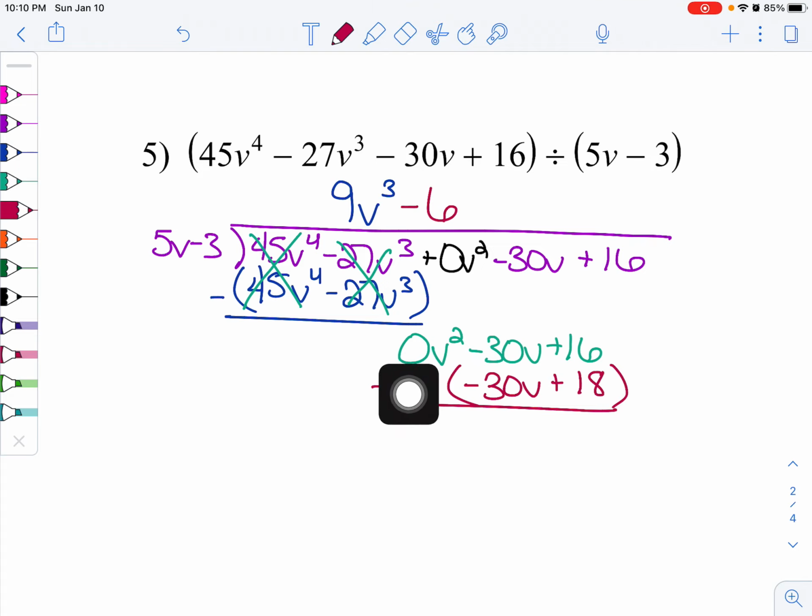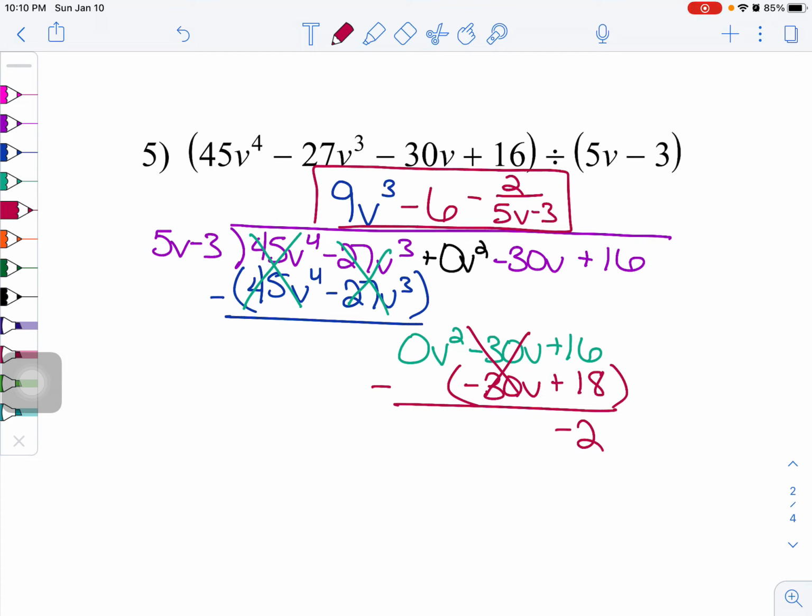Remember, this 0v squared, in this particular problem, you don't need it. Well, I shouldn't say you don't need it. You need it to set it up, but we're not actually using this term in this process because it's just a 0. All right. So those two are going to cancel. 16 minus 18 is going to be negative 2. So my remainder here would be negative 2 over 5v minus 3.